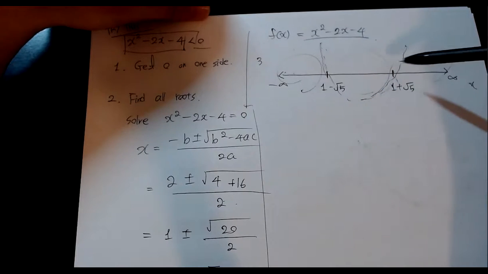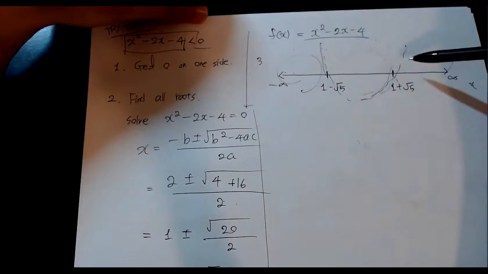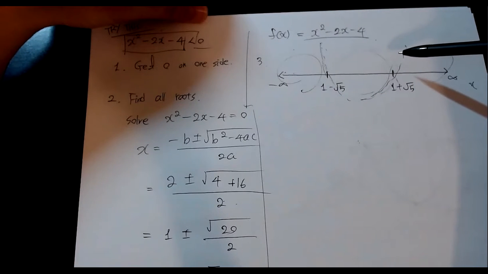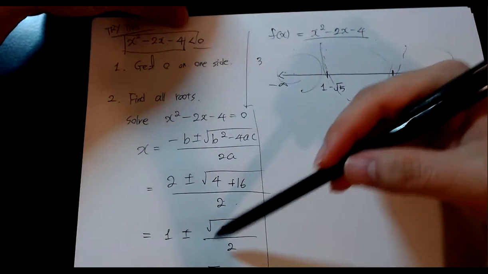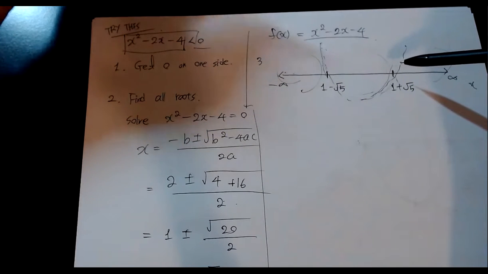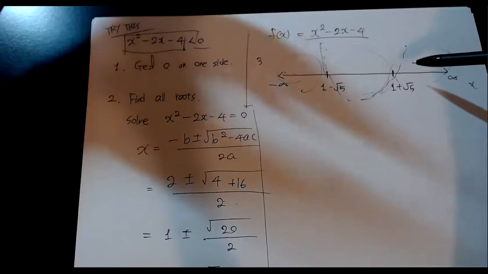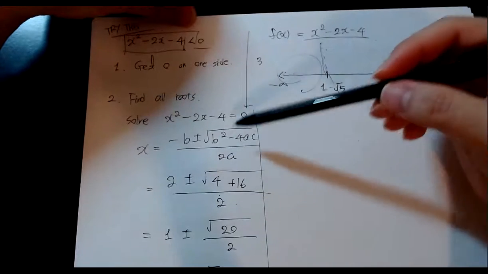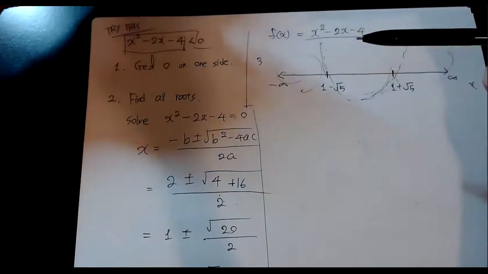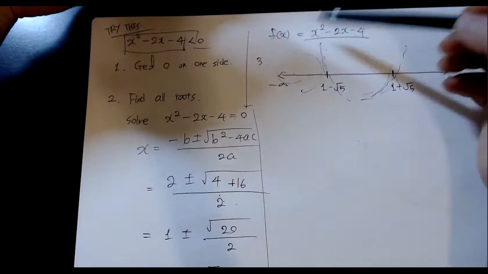Then the number line will be divided into 3 subintervals. But depending on the number of solutions, maybe the number line will be divided into 2, or not divided at all, or maybe divided into 3 like this. That totally depends on the number of solutions of the quadratic polynomial, or we can say it depends on the number of x-intercepts of the quadratic function.